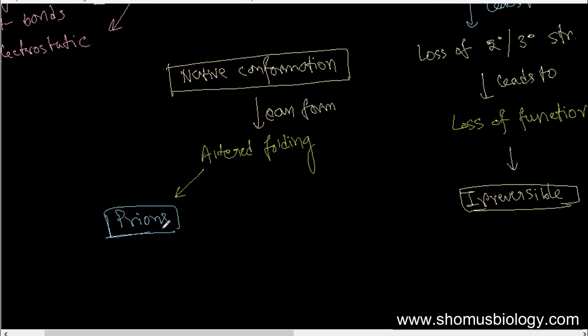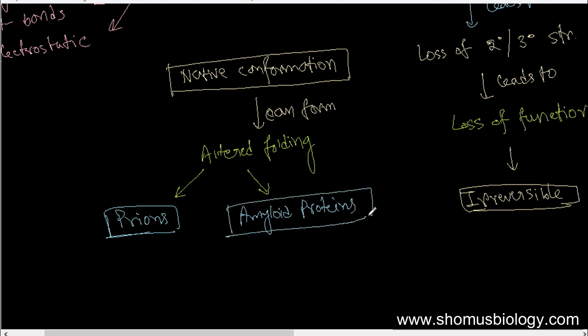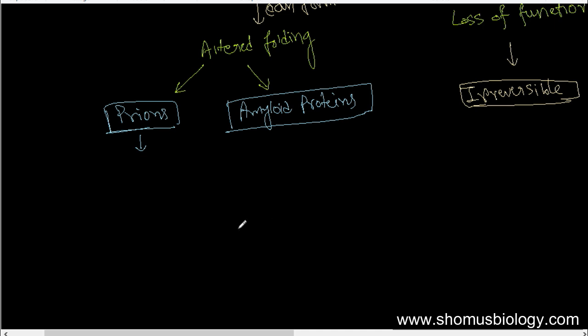Remember this name, prion. This altered folding may also lead to the formation of amyloid proteins. Okay, now these prions can lead to different sorts of diseases. Mad cow disease is one example, right?